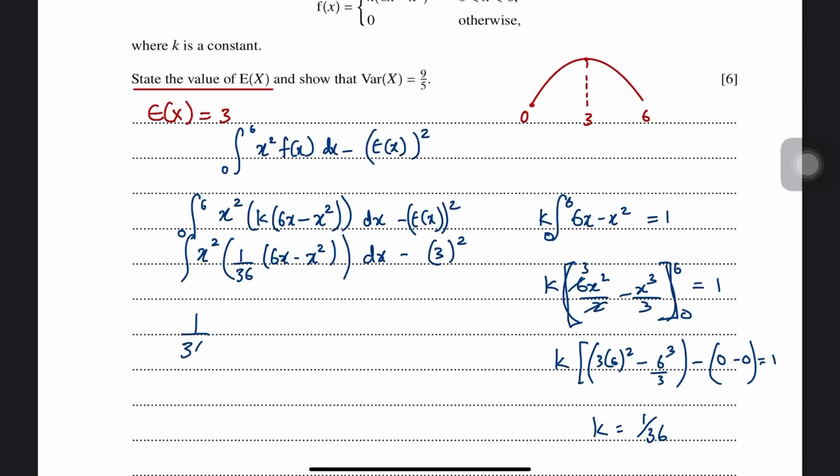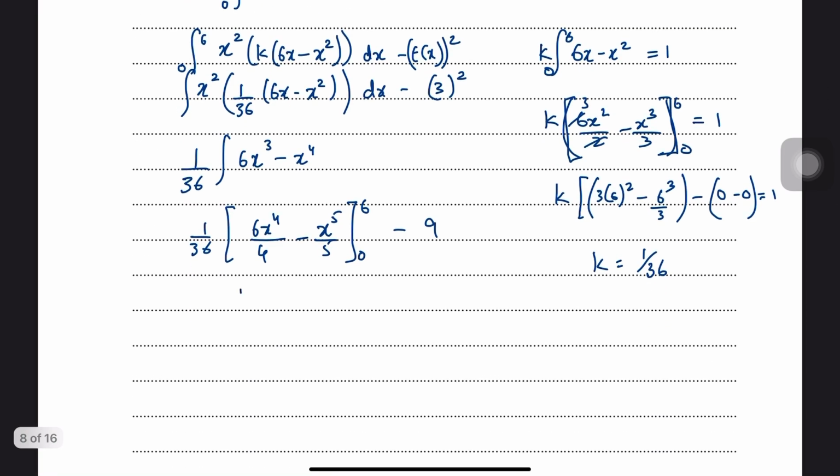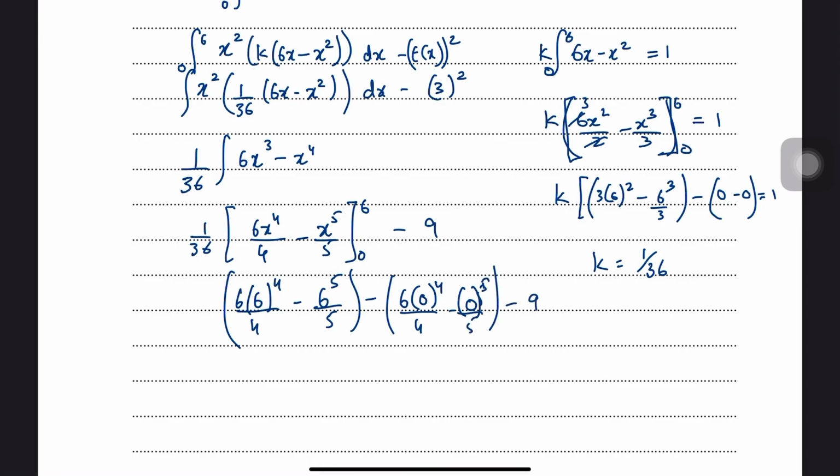Has to be integrated. So 6x cubed minus x power 4. So I get 6x power 4 over 4 minus x power 5 over 5 from 0 to 6. Inserting the limits gives me this, with 1 over 36 outside.